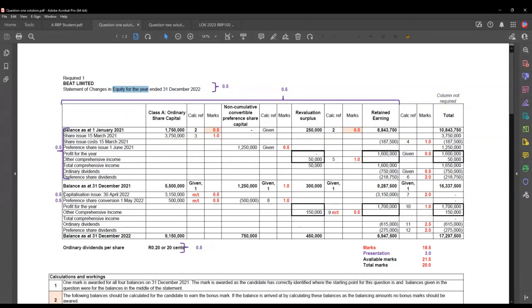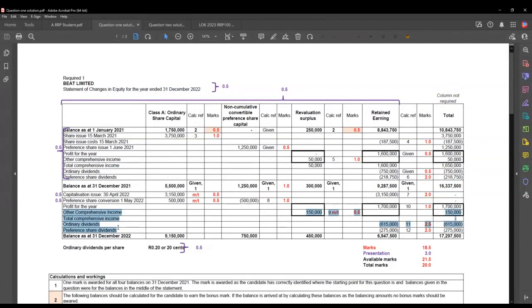And then you specifically get a half mark for writing capitalization issue, and you specifically get a half mark for writing a preference share conversion. So just for those 2 line items at least, you're going to get a half mark each, but everything else gets 1 half mark.